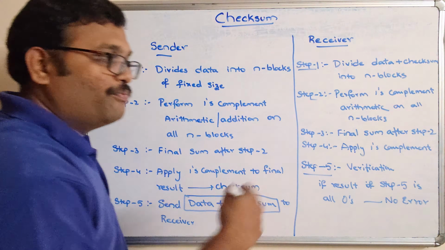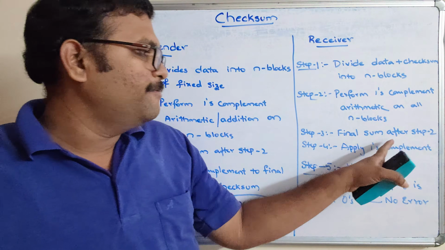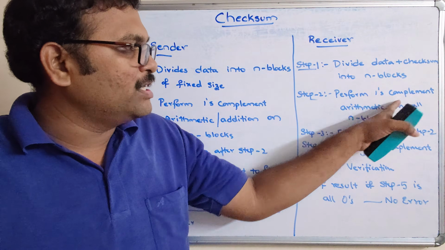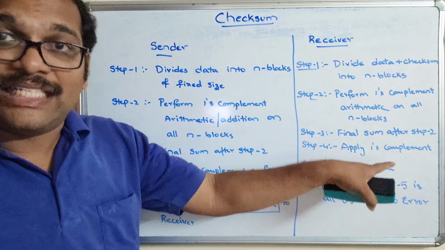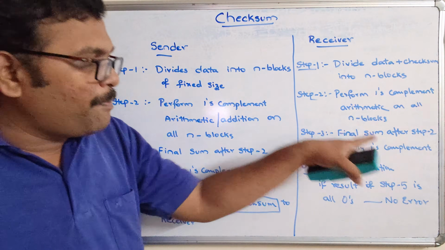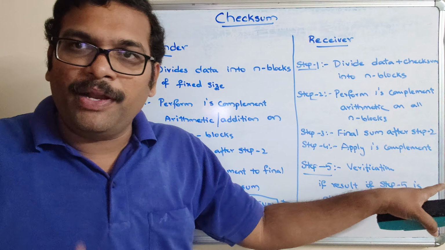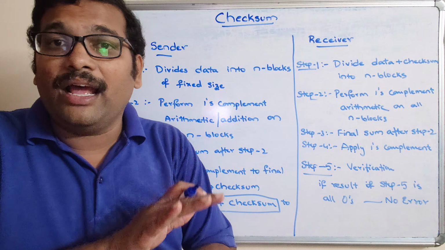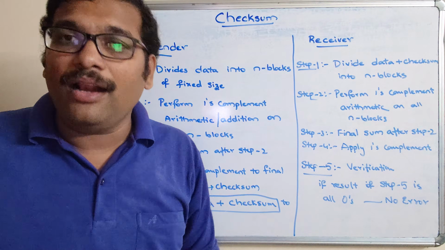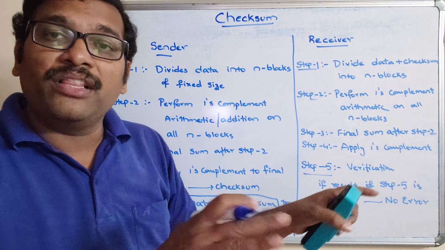That means if we perform the ones complement arithmetic sum on all the n blocks on the receiver side and apply the ones complement, and you get all zeros, there is no error during the data transmission.